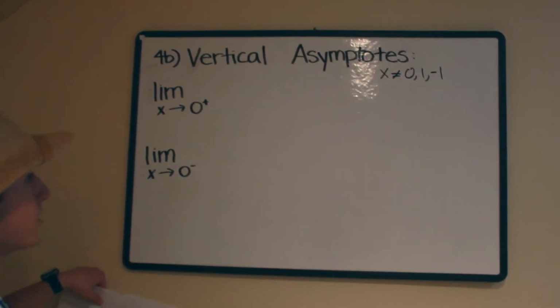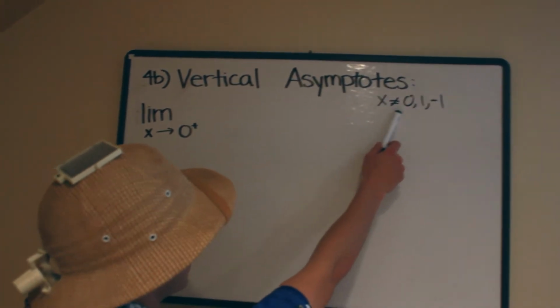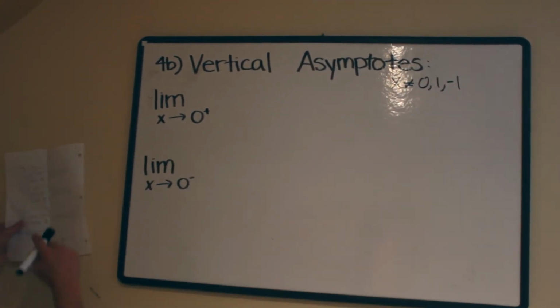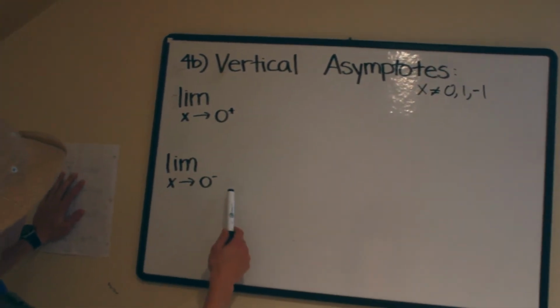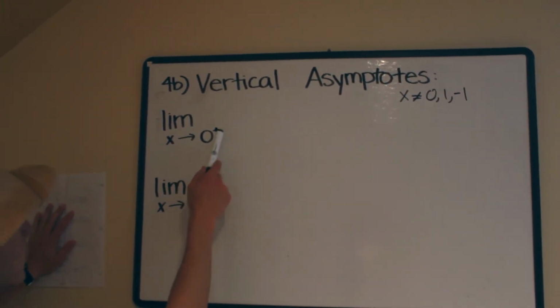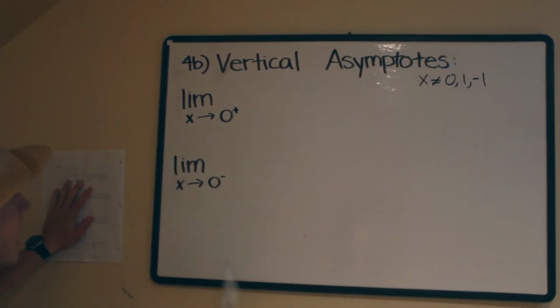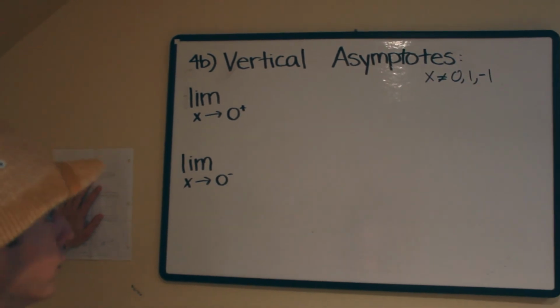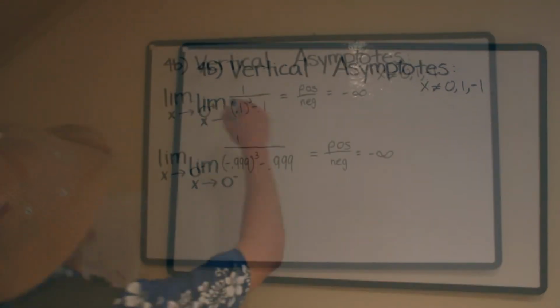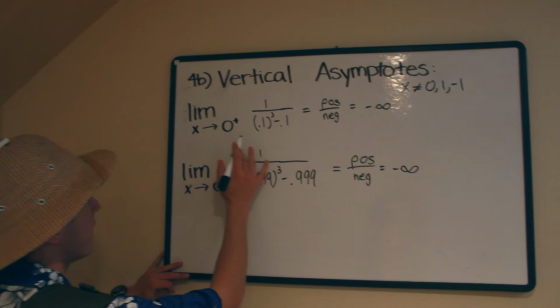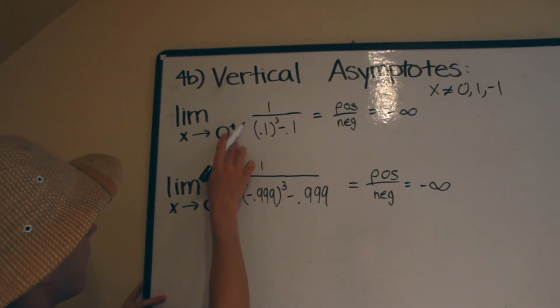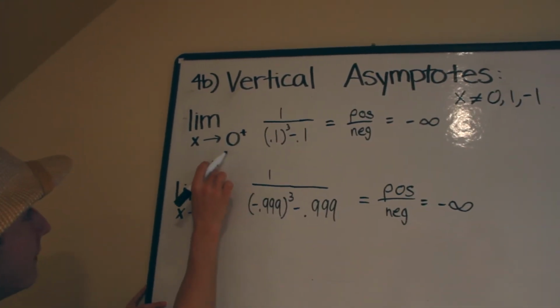So, we're going to start with x cannot equal 0. So for a vertical asymptote, we need to plug in the limit as it approaches 0 from the right and 0 from the left. I'm going to write out all the steps and I'll explain it after. So, for this function here, we plug in 0.1, a number that's slightly bigger than 0.